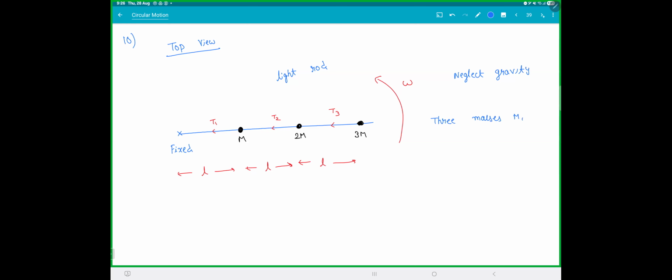Three masses m, 2m, 3m are attached to the rod as shown, and the rod rotates with omega. Find T1, T2, T3.